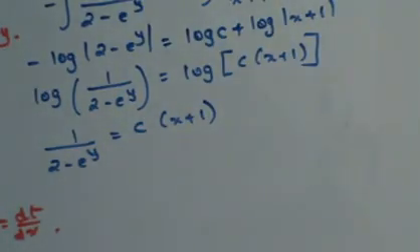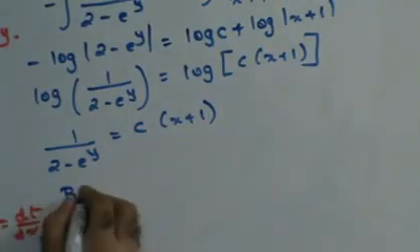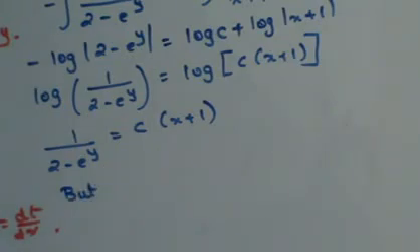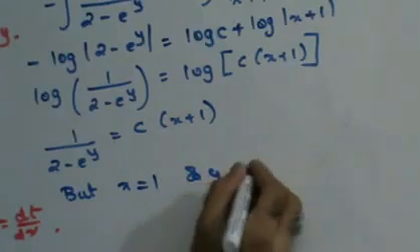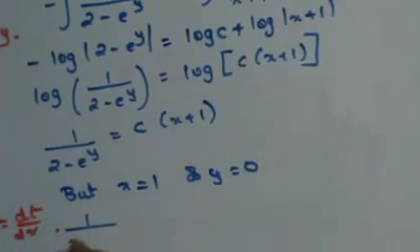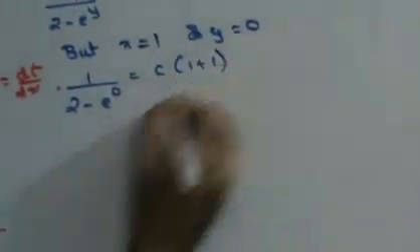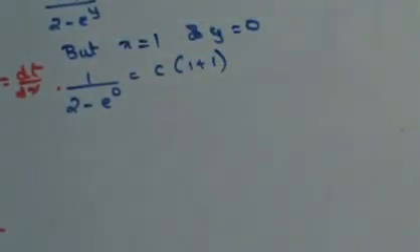Right? Once you have this, they've given you that x is 1 and y is 0. So this will be 1 upon 2 minus e raised to 0 is c into 1 plus 1. Anything raised to 0 is 1.